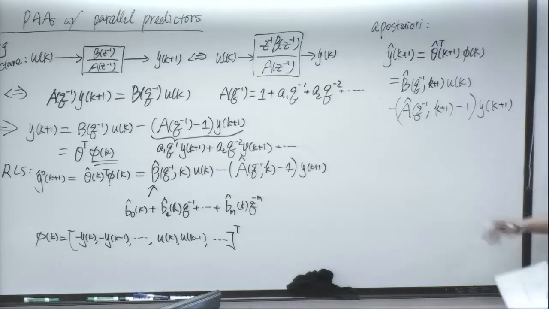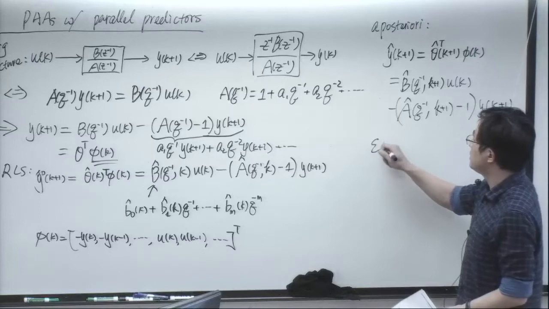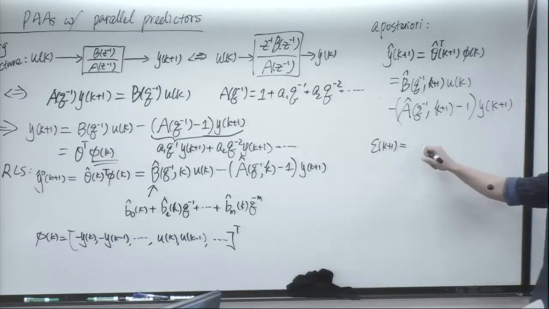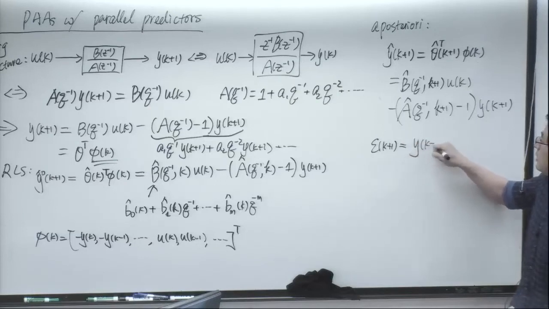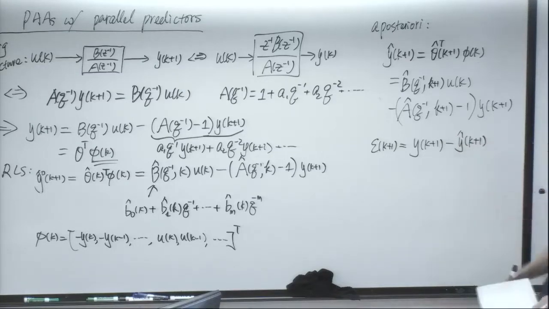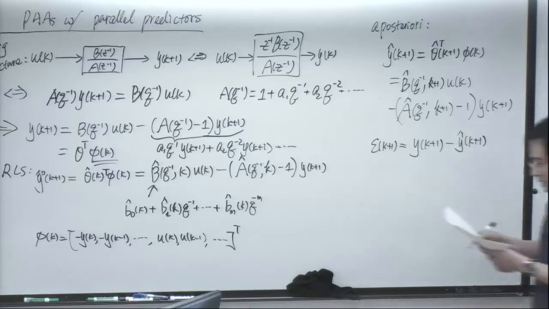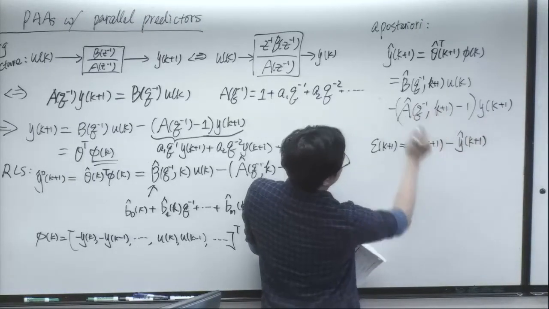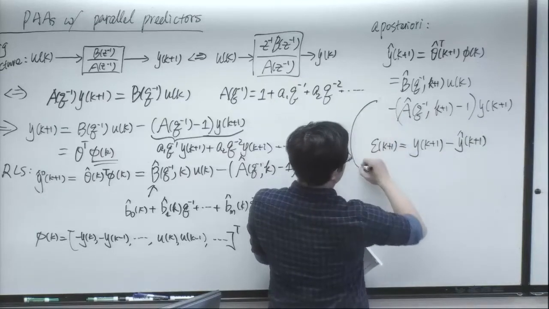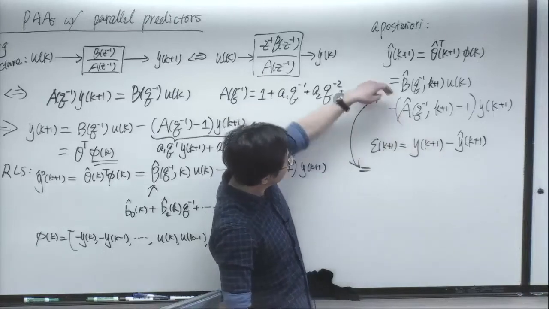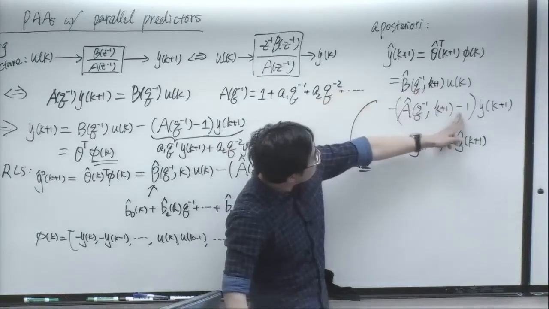So the prediction error, epsilon k plus 1, a posteriori again, is y_{k+1} minus y hat k plus 1. And just substituting this inside here, we're going to have y_{k+1} minus, you see, minus minus becomes positive.